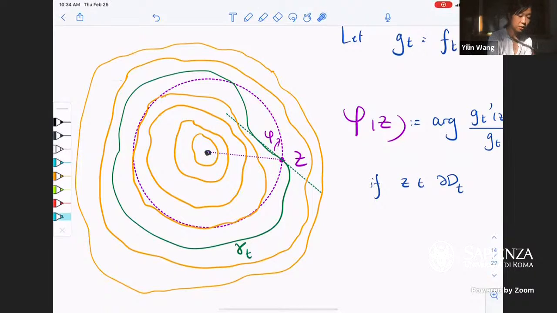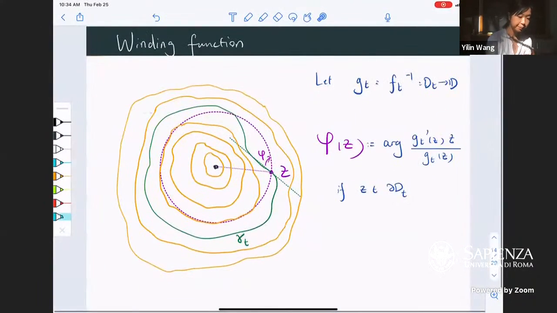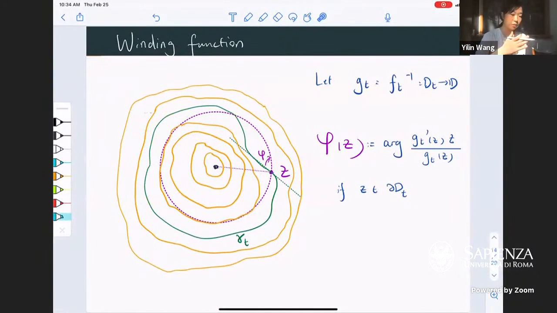So this is the angle given by this number phi of z. And if two leaves pass through the same point, it doesn't matter, because by monotonicity, if the tangent exists, then the tangents have to match. Because of this geometric definition, it doesn't matter which leaf you take. This is purely geometric.